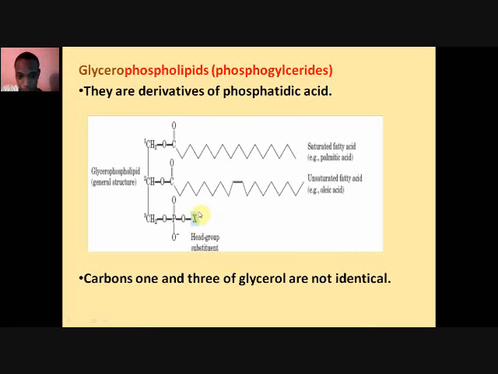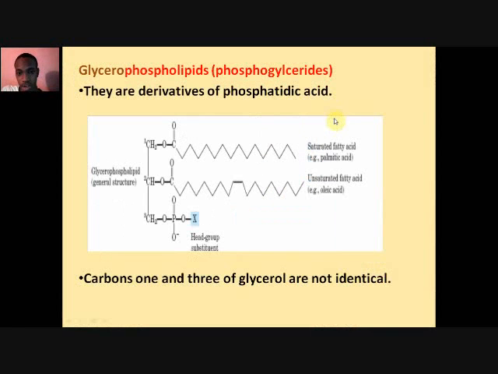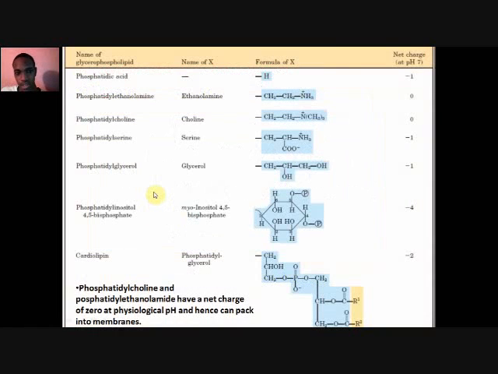So if you had an ethanolamine molecule here, this would be phosphatidylethanolamine. If you had choline, now this is very important, if you had choline there, it would be known as phosphatidylcholine, which is also known as lecithin. We'll speak about that a little bit just now. So if you had a choline attached to it, it would be known as lecithin or phosphatidylcholine.